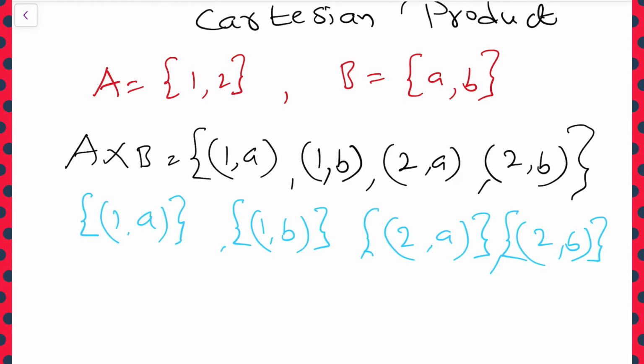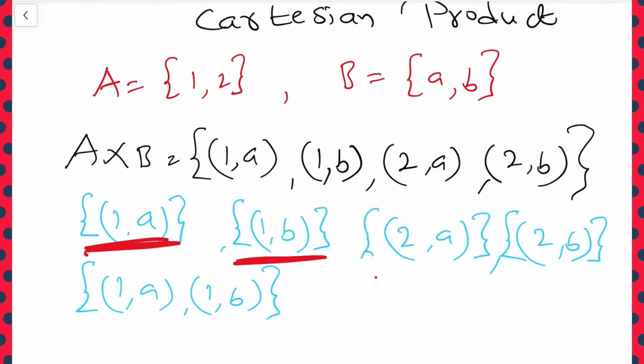One more, (1, a), (1, b) together. First write the individual elements alone, then go with 2 elements, then 3 elements, then 4 elements together. So like this, if you write the subsets of the Cartesian product, then that is called a relation. This is one relation from A to B. This is another relation from A to B. This is another, and one more, and one more relation from A to B.